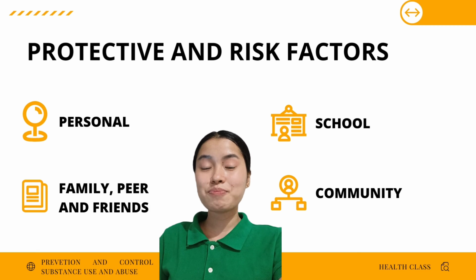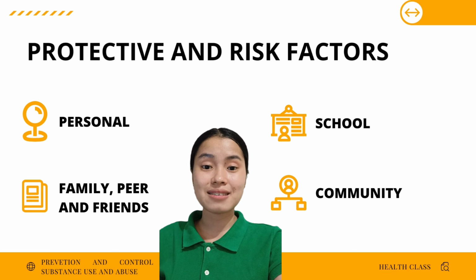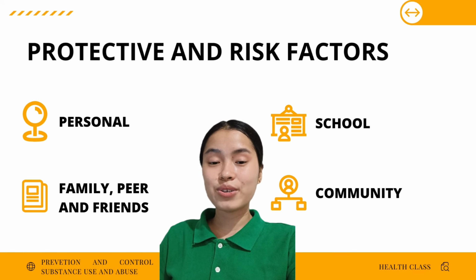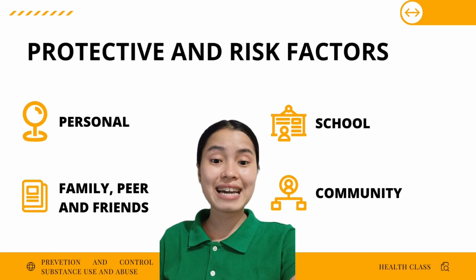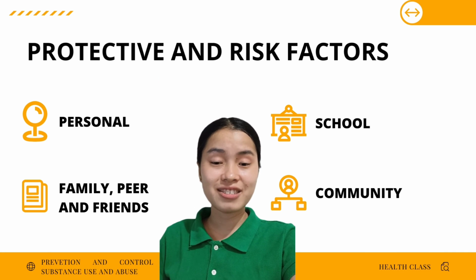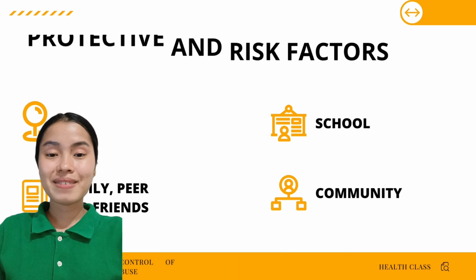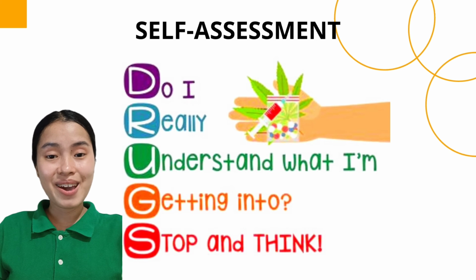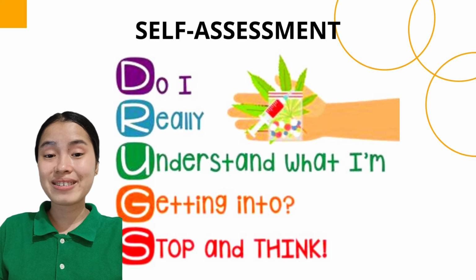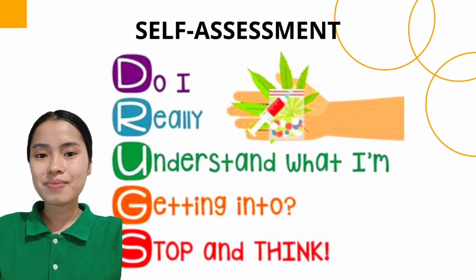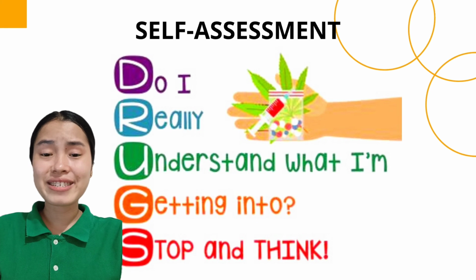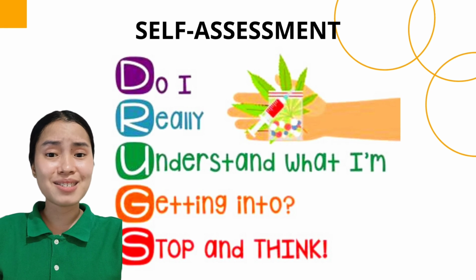Furthermore, these protective and risk factors all play a significant role in the drug's influence. It's all about strengthening these protective elements such as family ties, a strong family bond, while lowering the risk factors. That is why we have to really assess ourselves and ask, do I really understand what I'm getting into?